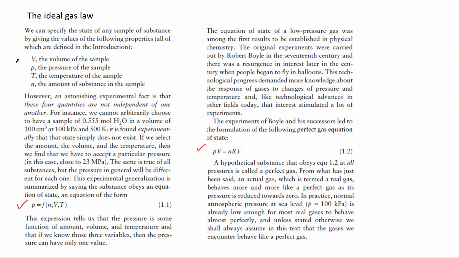So we're going to talk about this exception and how real gases diverge in behavior from ideal gases, but we're going to do that in a little bit. For now, just understand that under the normal low pressure conditions in which we experience most gases, real gases actually behave in a fairly ideal fashion. So as a model, PV equals nRT is quite appropriate.